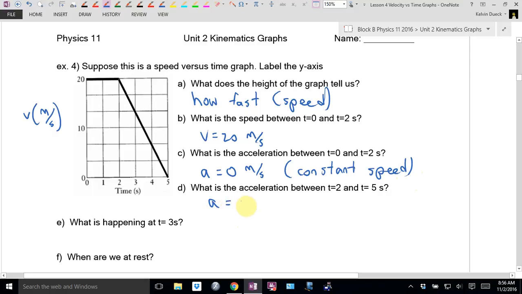Well, I think negative. Yes? I think it's going to be negative 6.7. It's going to be 20 over 3, 3. And the units would be meters per second squared.